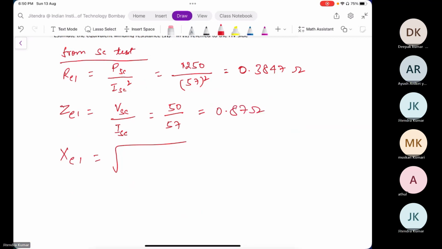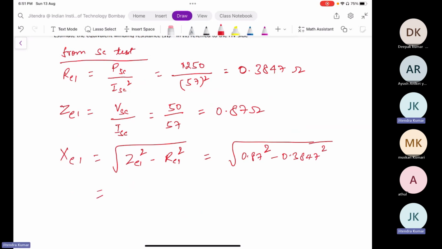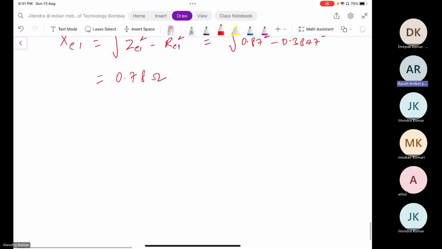The reactance value we can compute from Z square minus R square. How much will it be? 0.78, sir. Ohm.